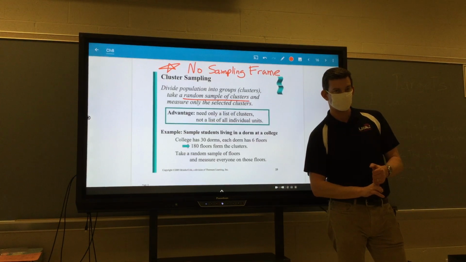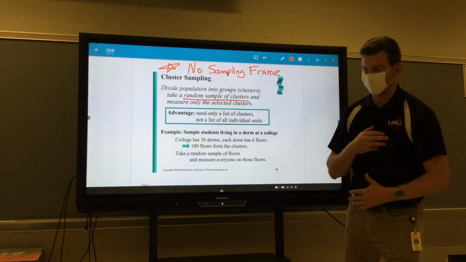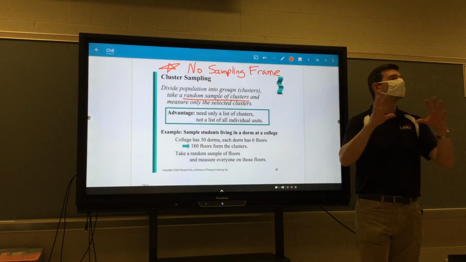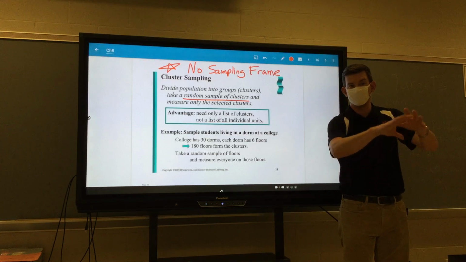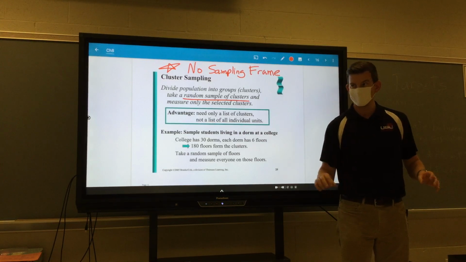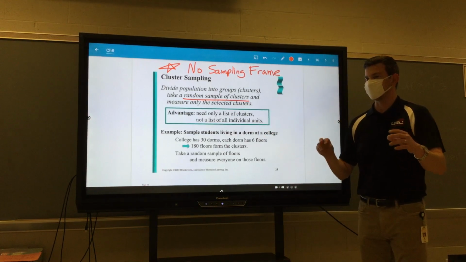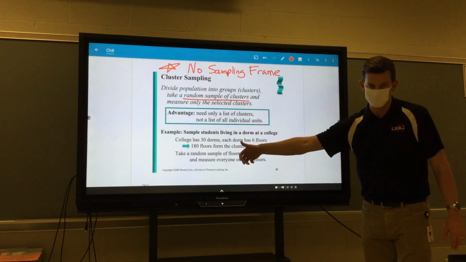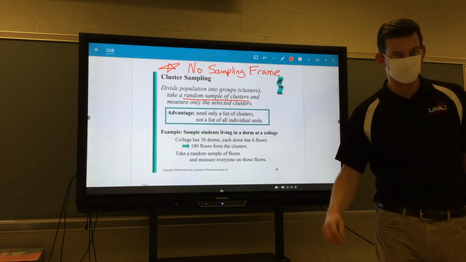Stratified sampling, okay? You stratify by region, by group, and then eventually take a simple random sample within that smaller group. Cluster sampling, everybody split into their groups, and you're taking a random sample of groups of clusters. Questions about the differences between those two?